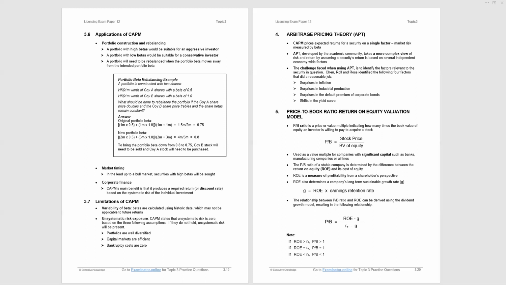And if you note at the bottom of page 3.20, if the return on equity is greater than the cost of equity, then price to book will be greater than 1. If return on equity is equal to the cost of equity, price to book will be equal to 1.